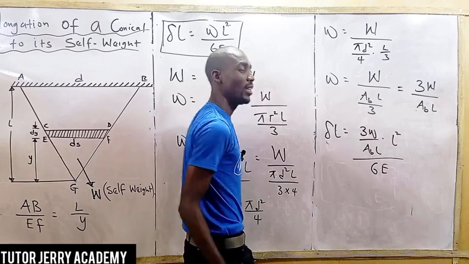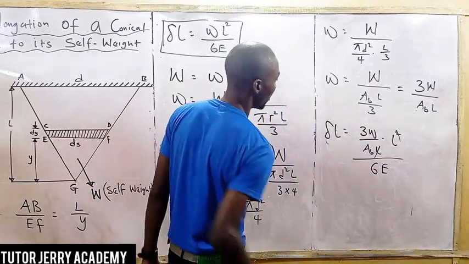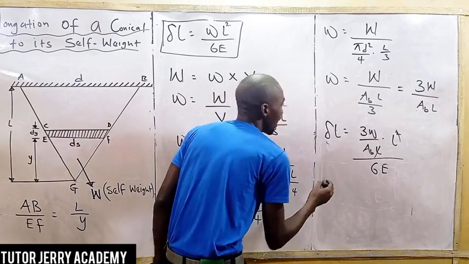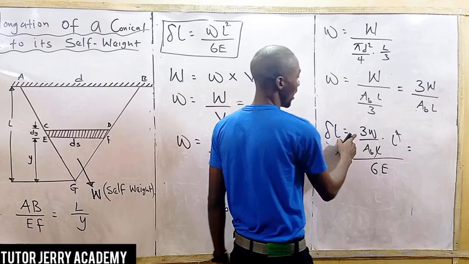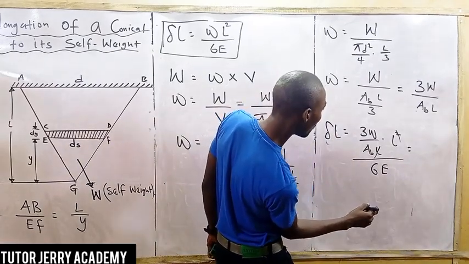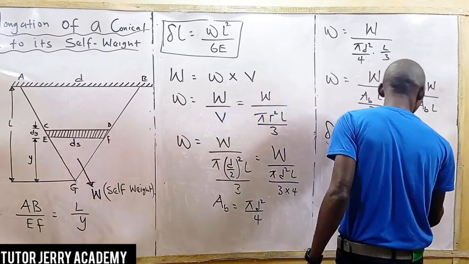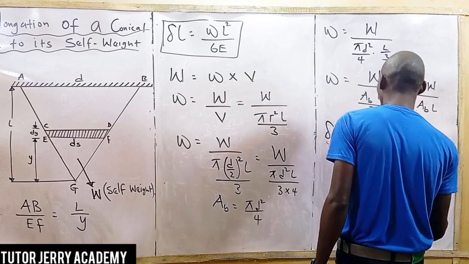And you know that this L here will go with one of these L. Then we can write this as 3W.